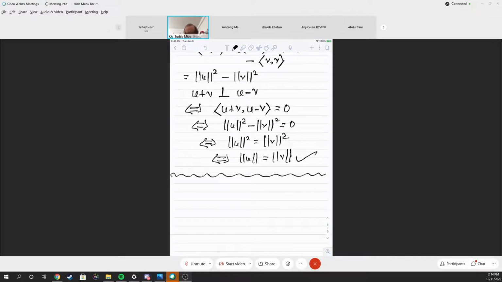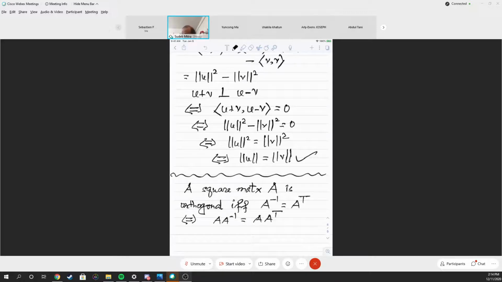A square matrix is orthogonal if and only if A transpose is A inverse, isn't it? A inverse is equal to A transpose. That's all you need to know. And that means what? Equivalently, A inverse is A transpose, and that is I.